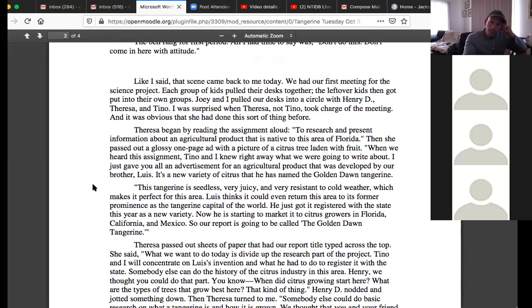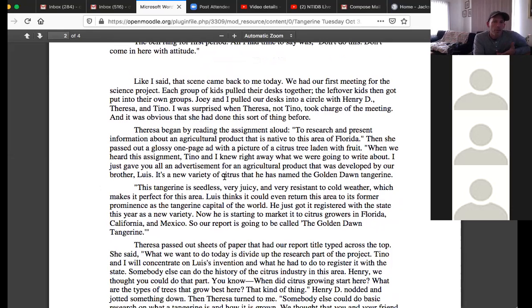And then it goes on to the teacher giving them an assignment, and the assignment is to research and present information about an agricultural product that is native to this area in Florida. Then she passes out a glossy 1-page ad with a picture of a citrus tree laden with fruit.